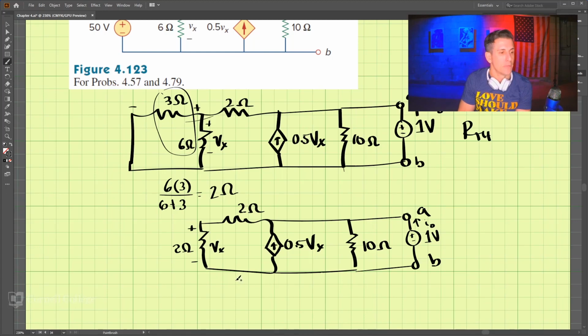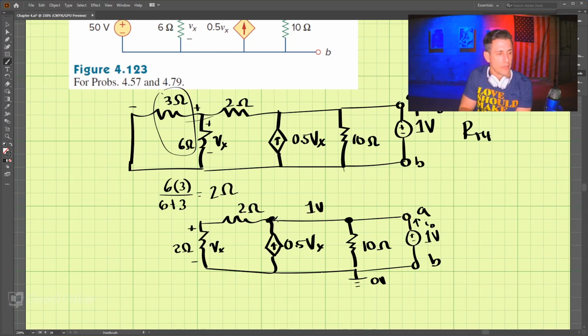Okay, so where do we go from here? Well, if this is 1 volt, we can call this down here our reference, 0 volts. That means this point and this point are both at 1 volt because of this 1 volt here.